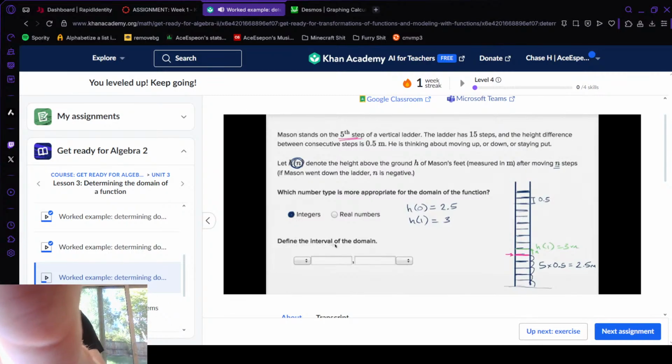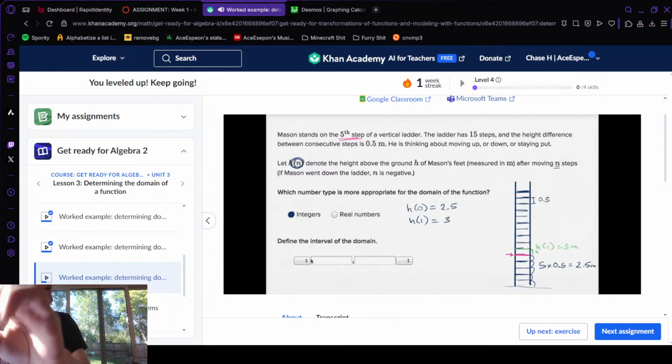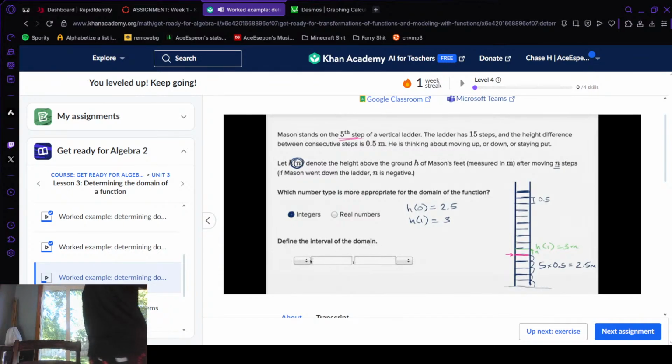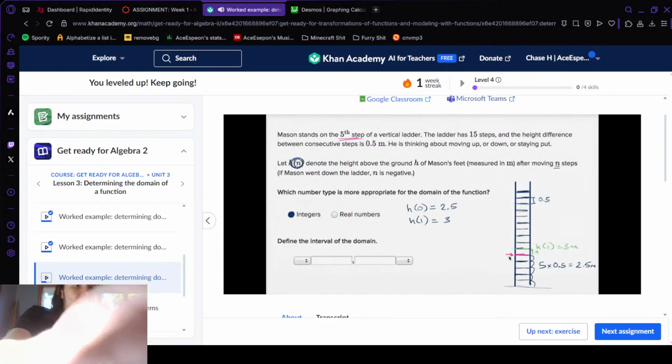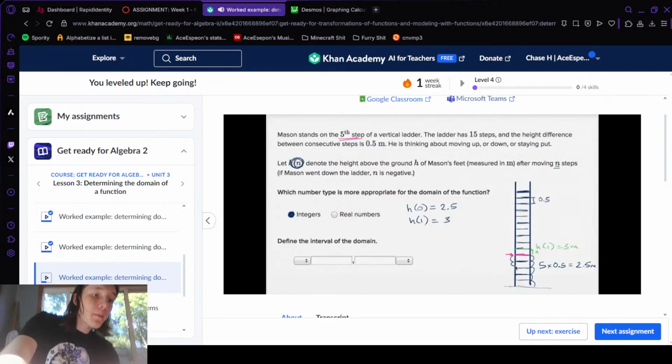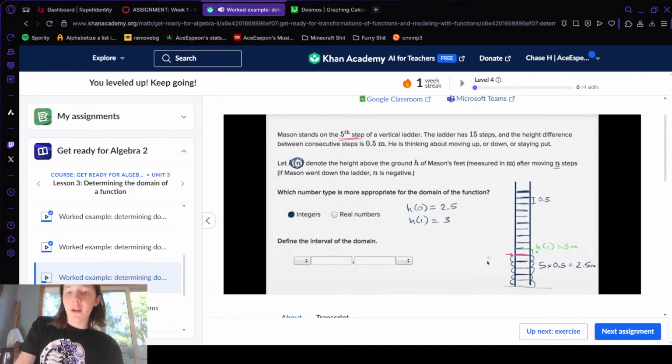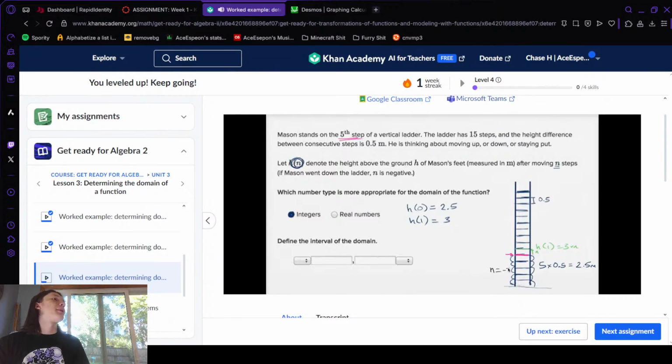And then they say define the interval of the domain. And we have these little toggles here to define the interval of the domain. The lowest value for n, he can go as far as 1, 2, 3, 4, 5 steps down. And in that case, n would be equal to -5.